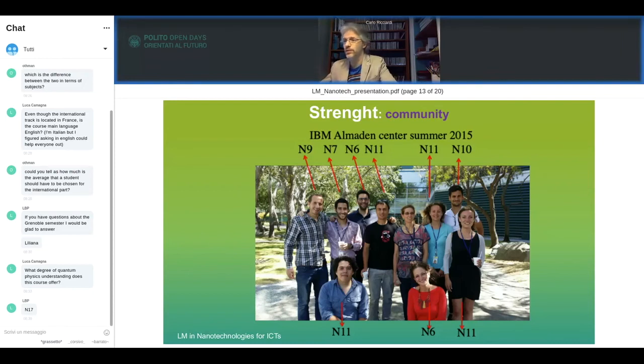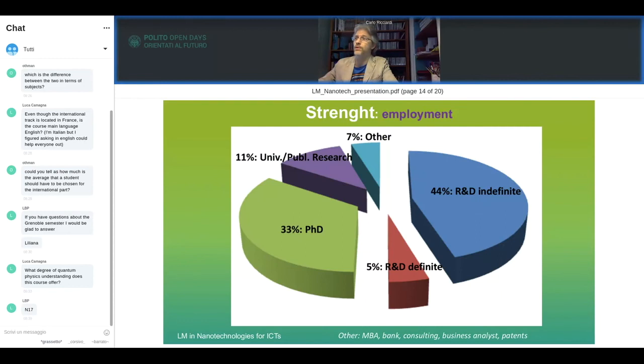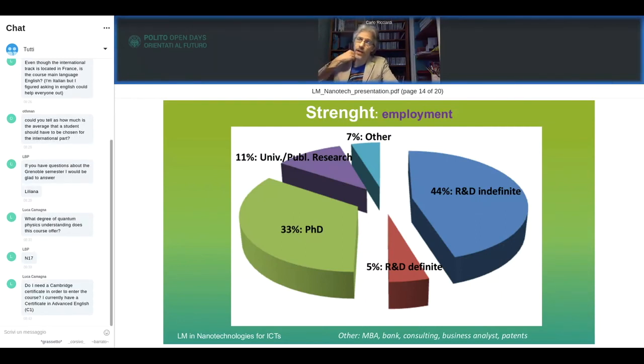So they are students that are doing their PhD there, or their internship there, or their master thesis there. Being very well recognized, it is easy for them to make this community of students of different years, and this is a really powerful thing because community is really important today. So about employment, that's another important thing.